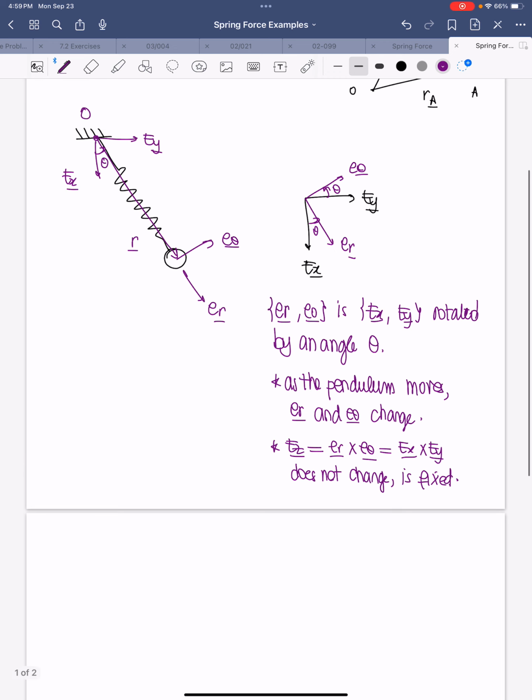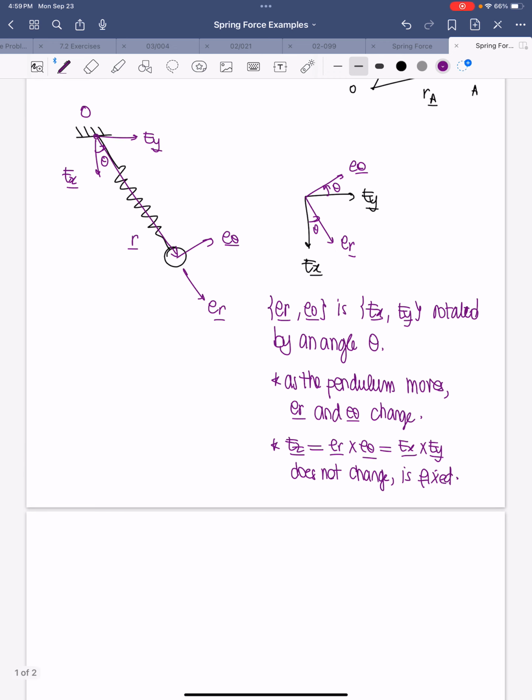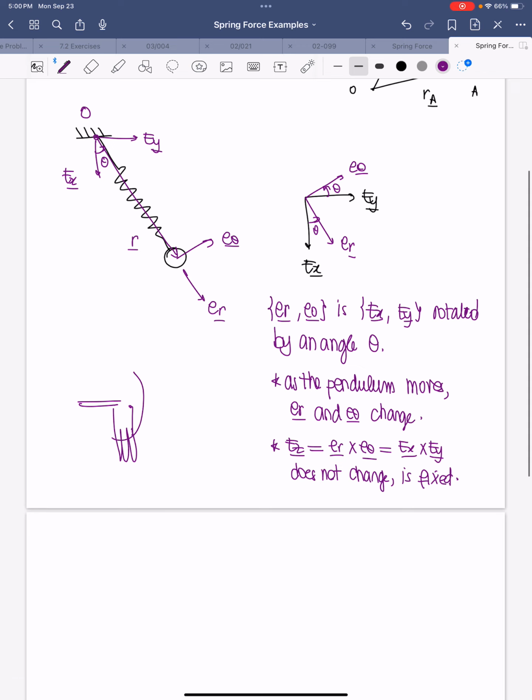If you do the right hand rule, if you put your thumb like this and curl your fingers out of the page, your fingers are going to trace this arc, omega, and your thumb is going to point along E_z. We call this E_z the axis of rotation.